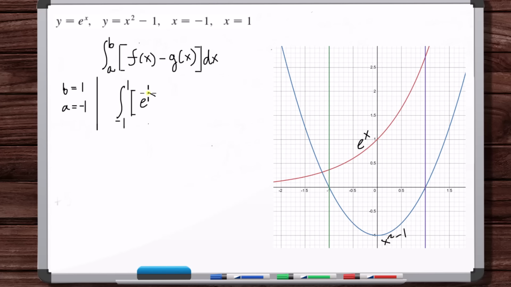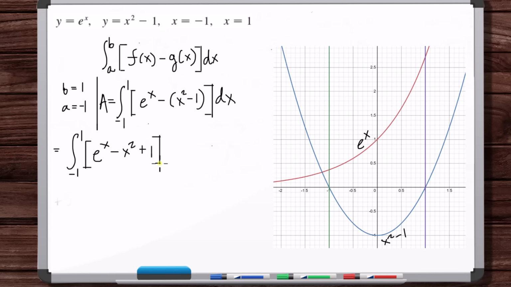So e to the x minus (x squared minus 1) dx. That's the area. So this is equal to the integral of e to the x minus x squared plus 1 dx.